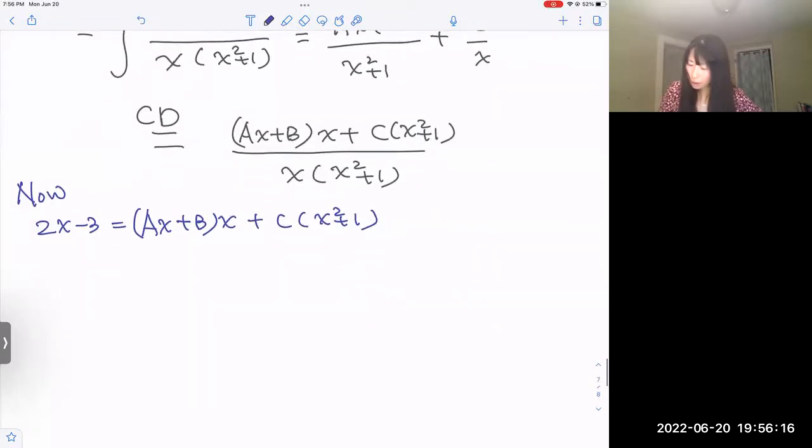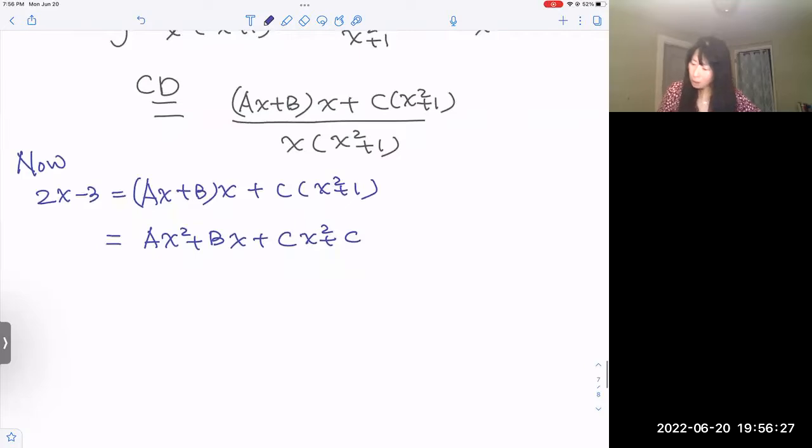Okay, now we have ax squared plus bx plus cx squared plus c. Okay, now let's do the system of equations using that method.